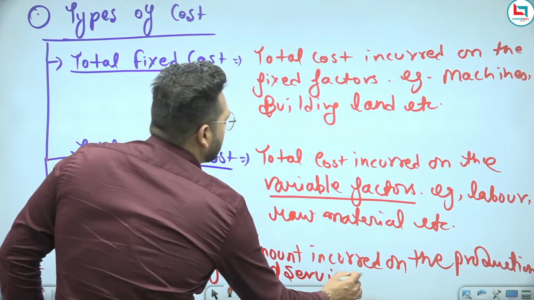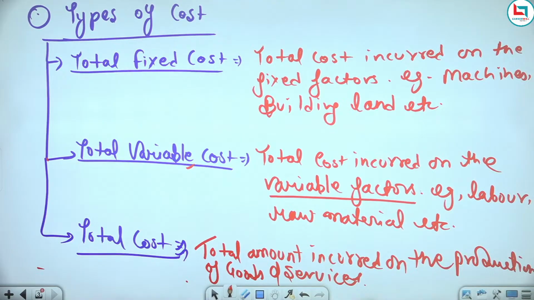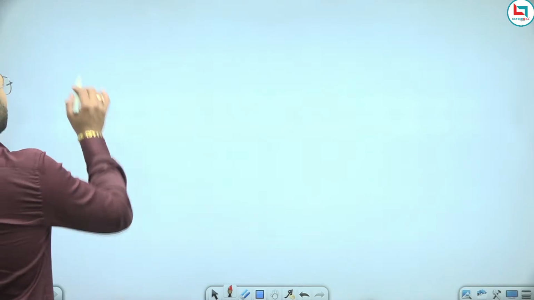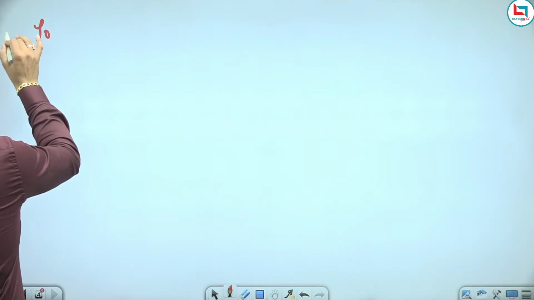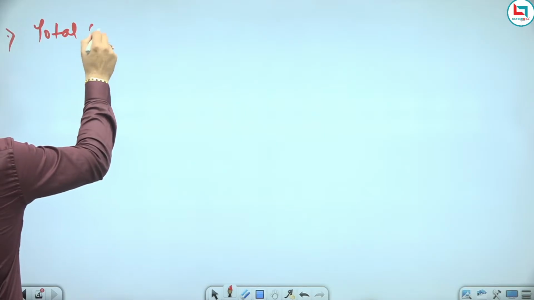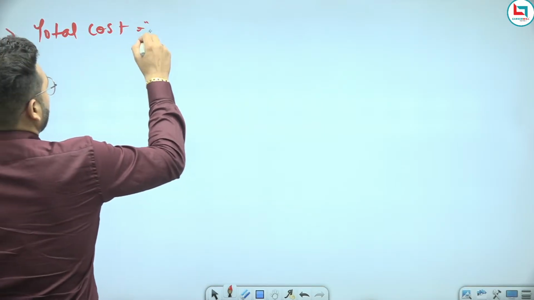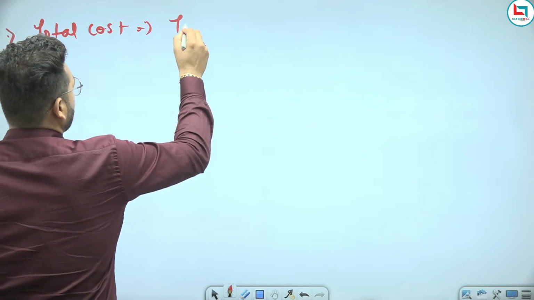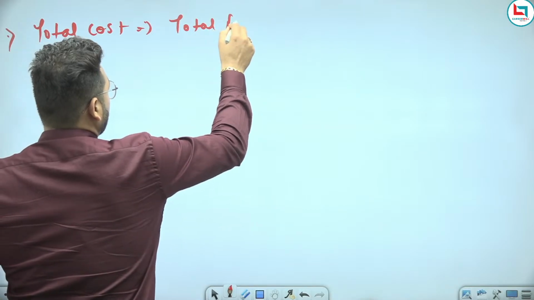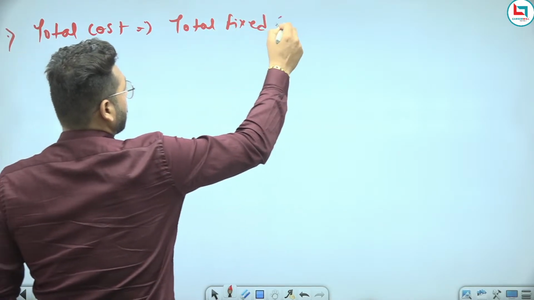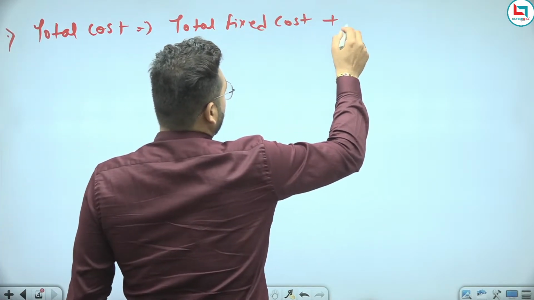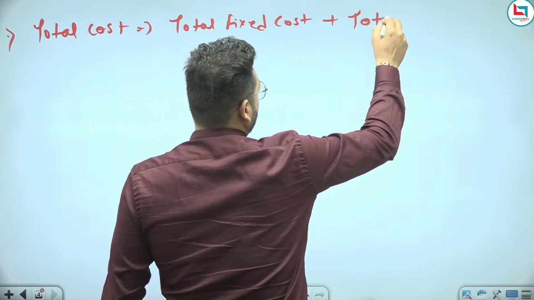And we can write one thing here, total cost means what? Total fixed cost plus total variable cost.